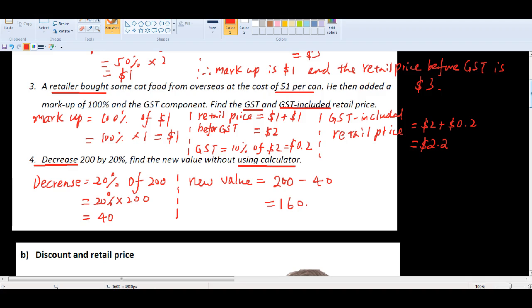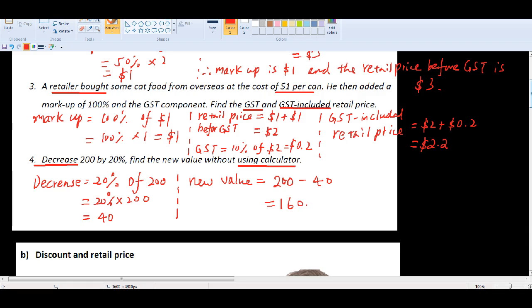Before you find the GST, you need to find the retail price before GST, so you find the markup first, which is $1, and you add that $1 to the cost price. Then it gives you $2. GST will be 10% of that $2.